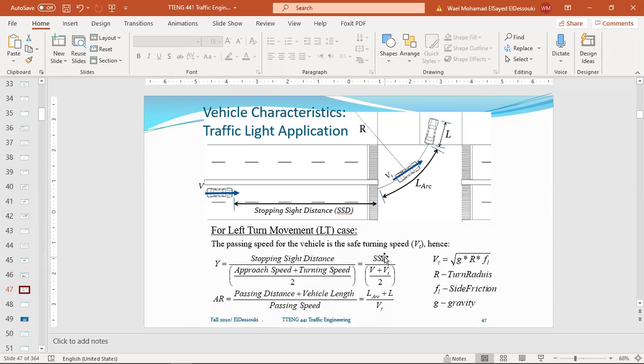So the stopping sight distance divided by V plus VT over 2. And that's the V turning; we get it from this equation. And the all red is basically the passing distance plus vehicle length divided by the passing speed. So in calculating the clearance time, we use the speed of turning as the passing speed.